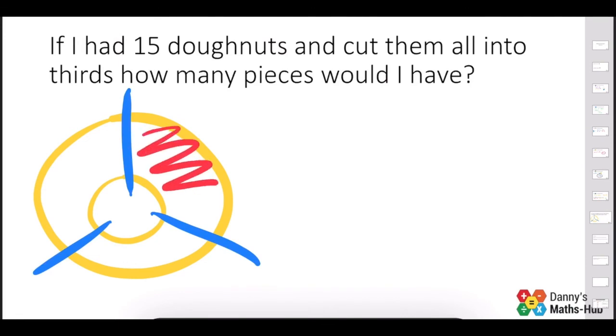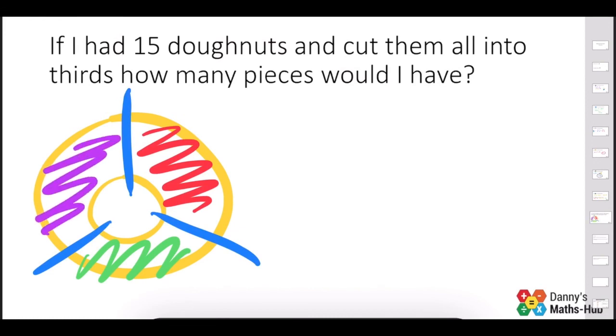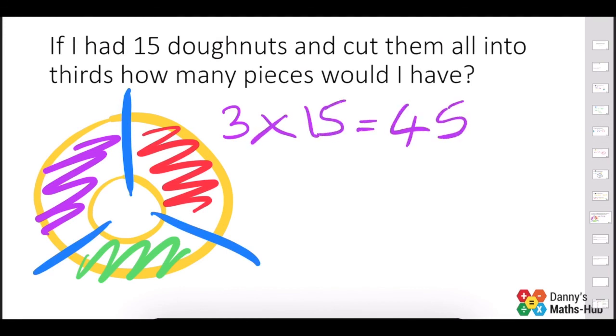We've got 1/3 here, we've got 1/3 here, and we've got 1/3 here. So we've got 3/3. We have 3 pieces in our one donut. Well, we have 15 donuts, don't we? So we have 3 pieces of donut 15 times. So 15 donuts cut into thirds would produce 45 pieces.